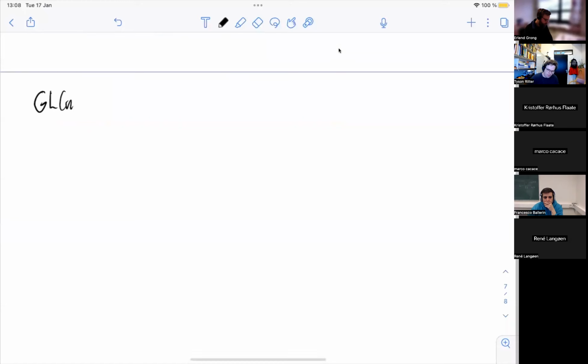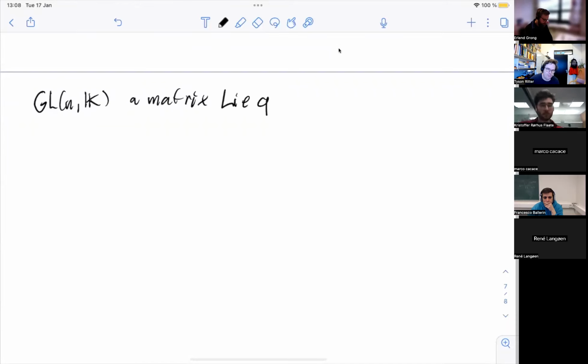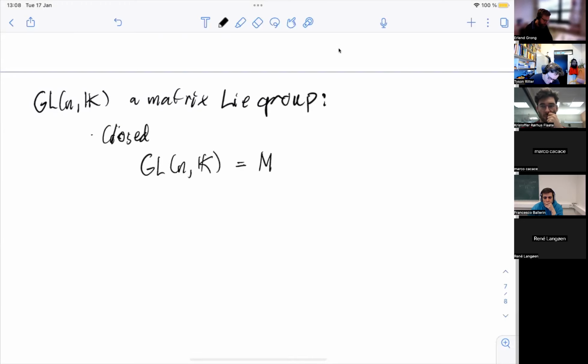So first, why is GL_n(K) a matrix Lie group? Well, it's closed because GL_n(K) is, of course, the intersection of all matrices with GL_n(K).